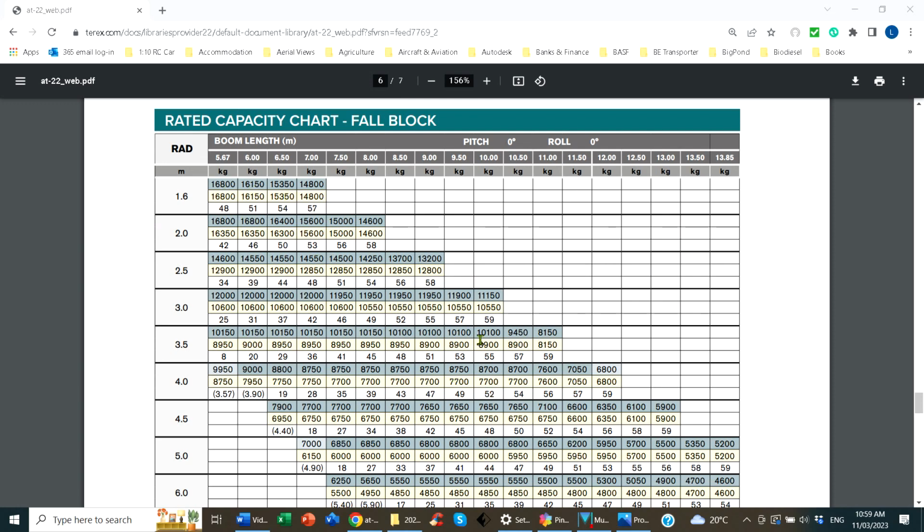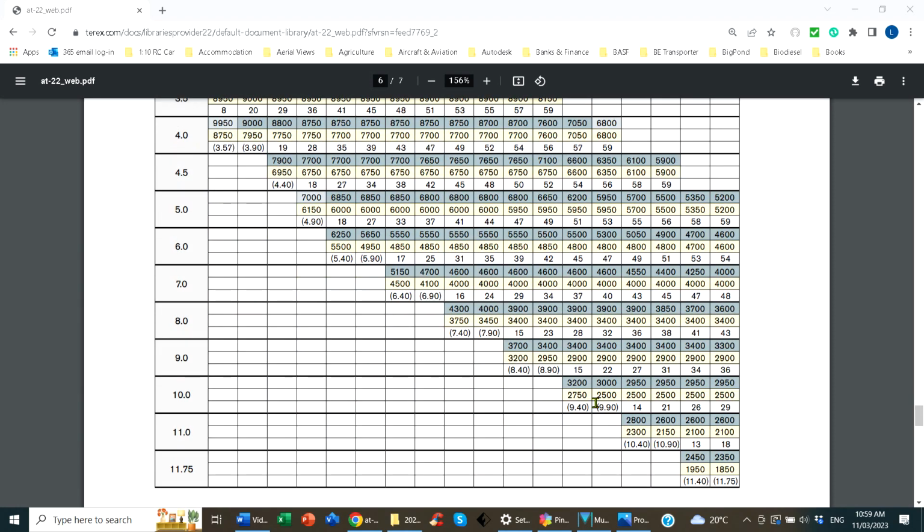Now down here it's not much different, but when we get up here it's quite a bit of difference. You know, we're talking about at least 400 kilos, 500 kilos in fact, and that can be enough to put a crane over.